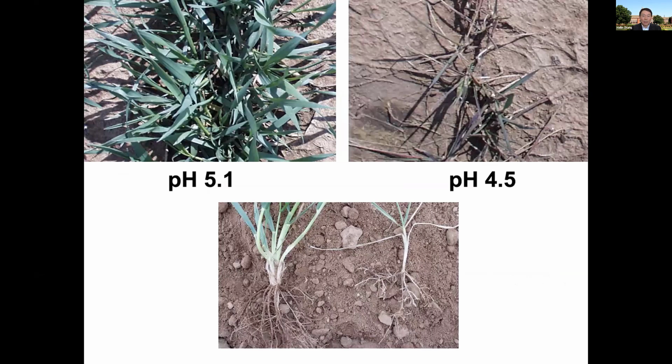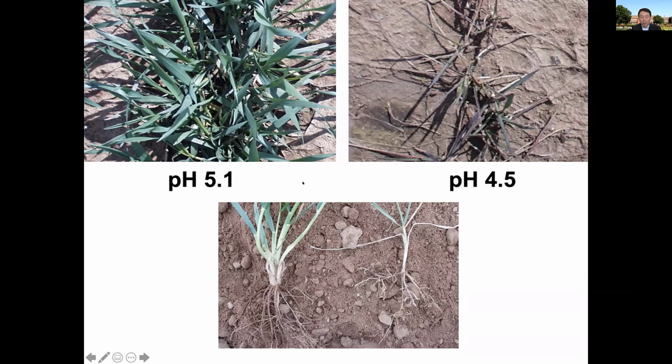This is a picture showing how pH can drastically change the below ground and above ground plant performance. Just a pH drop by half a unit. As you know, the pH is on a log scale. So pH 4 actually has 10 times as much acidity as pH 5.